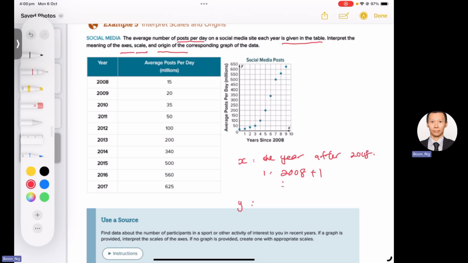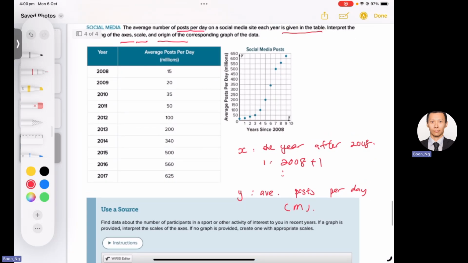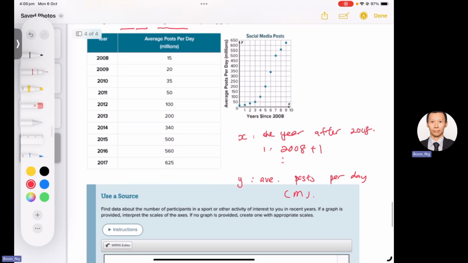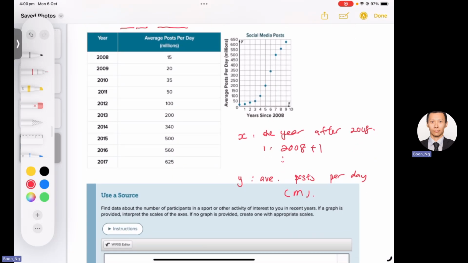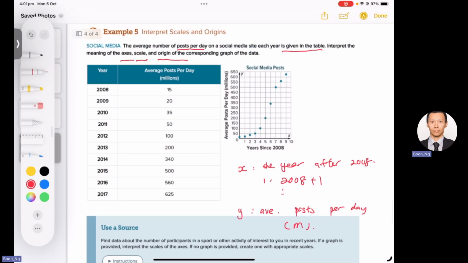Y would be the average posts per day in million. It's X and Y. The scale for X is basically 1.